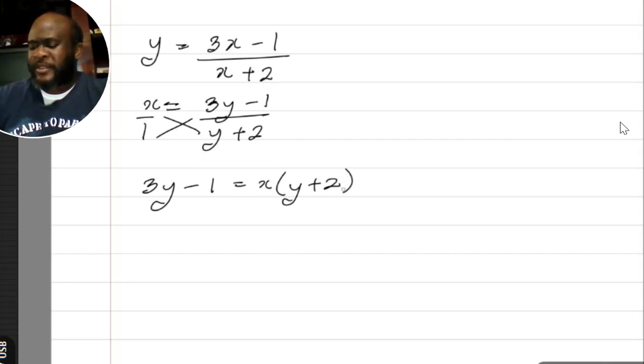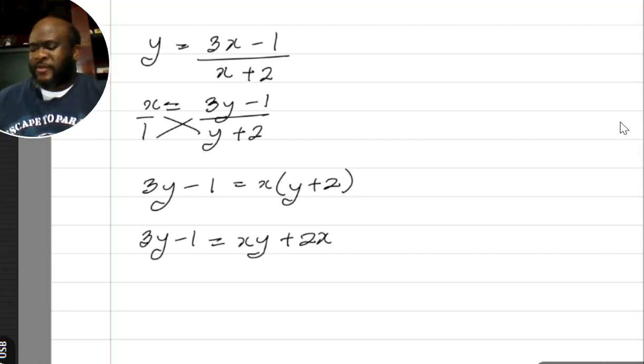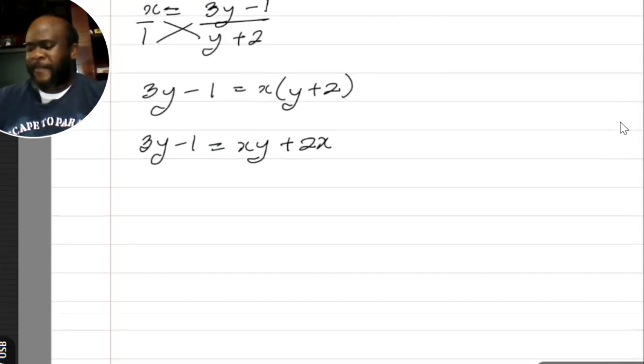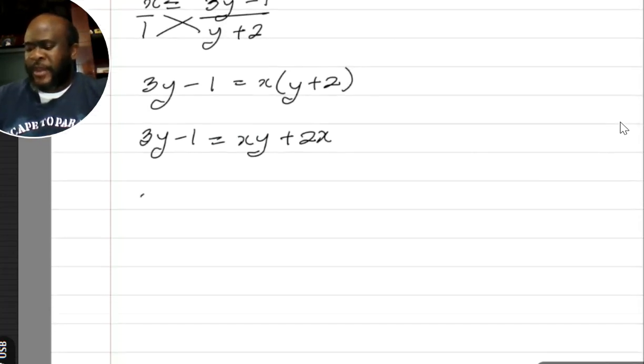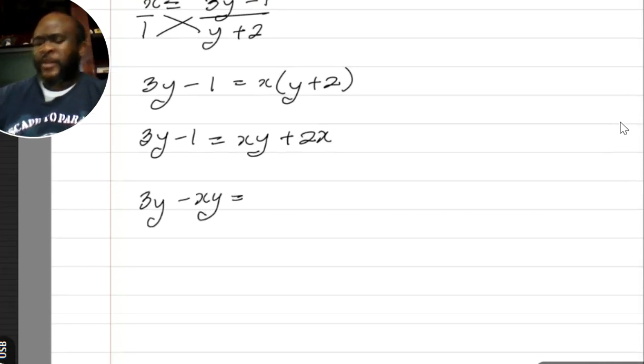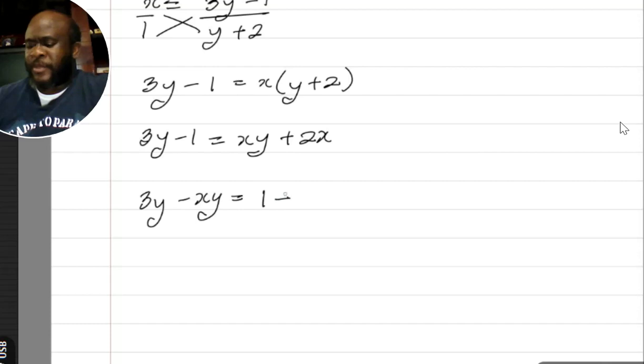Distributive law, we have 3y minus 1 is equal to xy plus 2x. I need all my y's on one side and everything that doesn't have y on the other side. So now I have 3y minus xy, positive xy goes over and becomes negative, and negative 1 goes over and becomes positive 1 plus 2x.